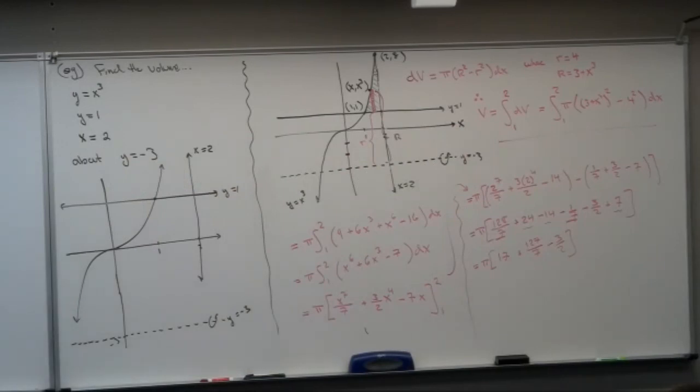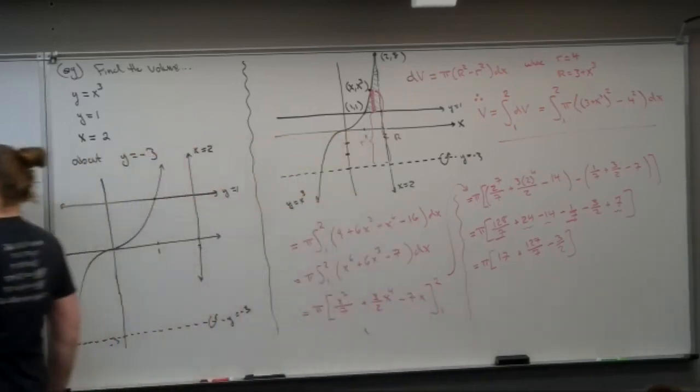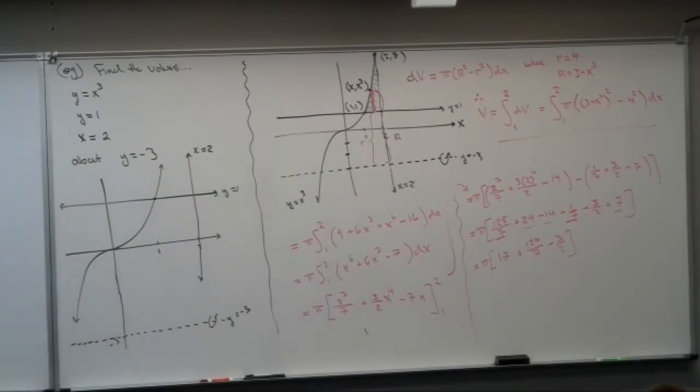I think we're just about out of time, so let me give you a small preview of where we're going next. These problems can also be done sideways, like the area problems discussed last time.